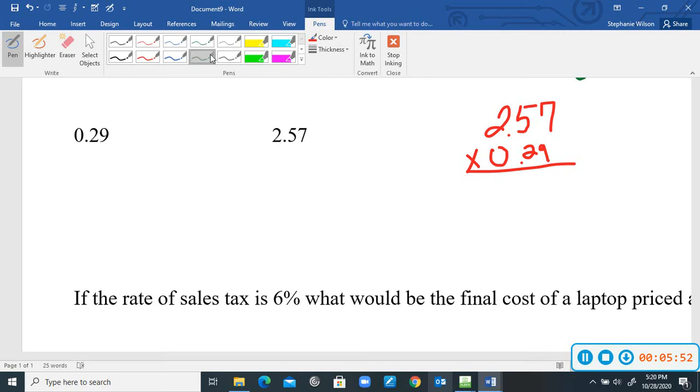And we're going to multiply. 6 times 7 is 42... 6 times 7 is 63. Carry the 6. 9 times 5 is 45, plus 6 is 51. 9 times 2 is 18, plus 5 is 23.